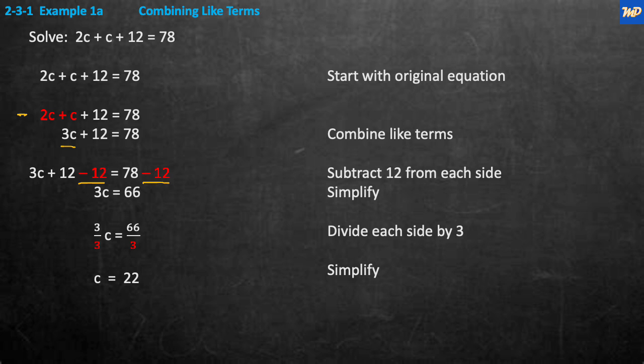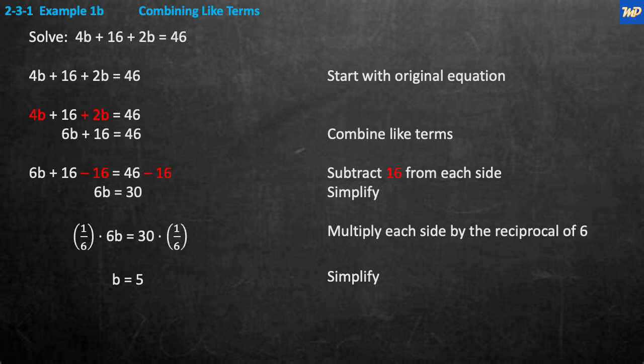And the way we do that is, since it's 3c, we're going to divide both sides by 3, 3 on this side and 3 on the right side. And when we do that, we're going to end up with 1c is equal to 22. 66 divided by 3 is 22.